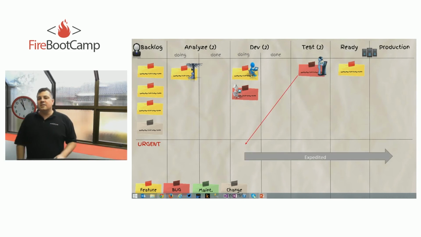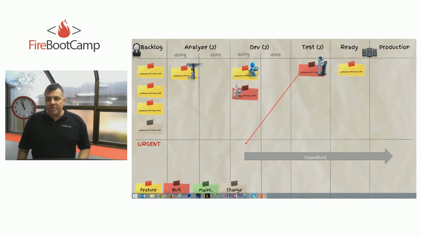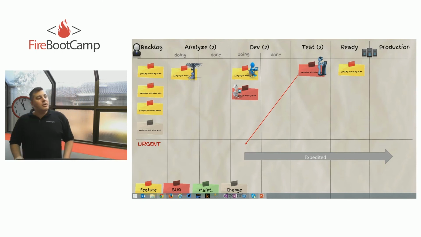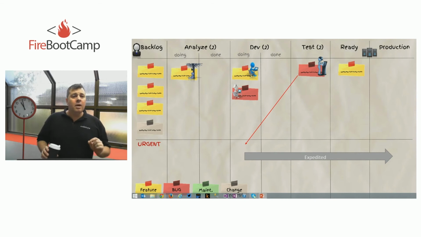So if the tester, going back to our situation, comes up with a bug, what does he do? He puts it into the urgent swim lane, right? And it goes immediately to that swim lane. Now, the developers know as soon as there is a bug on there, because we said this takes higher priority than anything else.